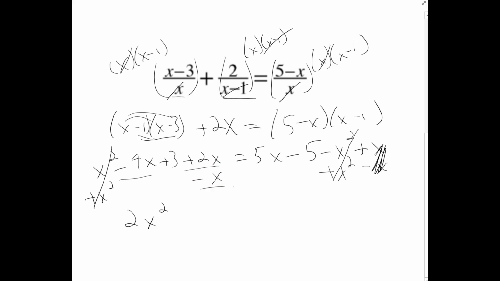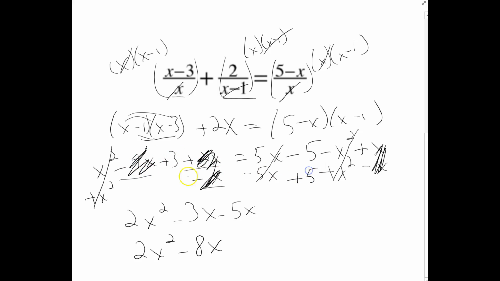That's negative 4 plus 2 is negative 2 minus 1 is negative 3x. Oh, and I forgot this 5x right here, so let's subtract that 5x over here. So it's 2x squared minus 8x. Finally, plus 5, 3 and 5 make 8.